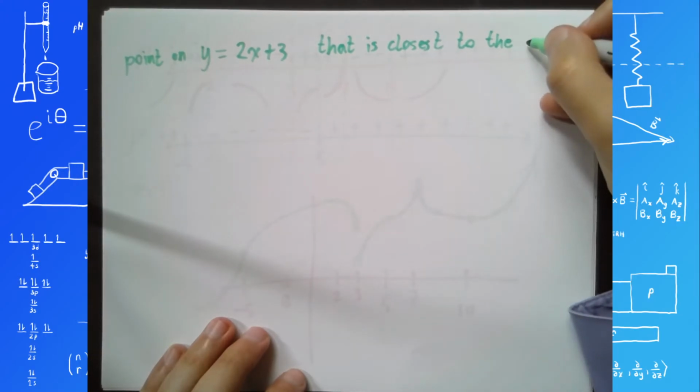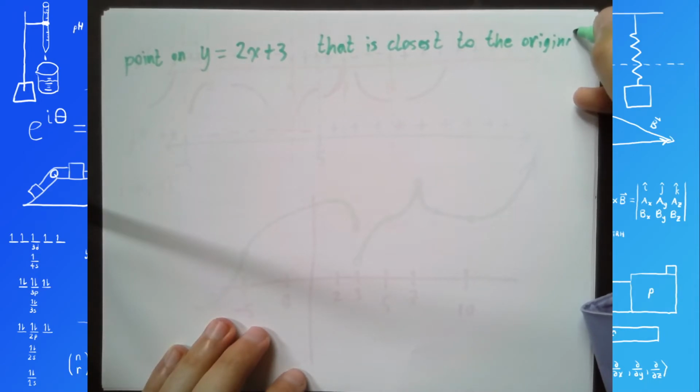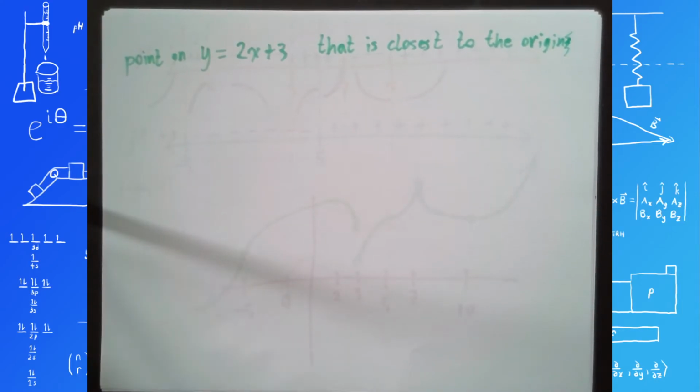Some people will say, wait a minute, isn't that the y-intercept? No, not necessarily. The point on y equals 2x plus 3 that is closest to the origin.